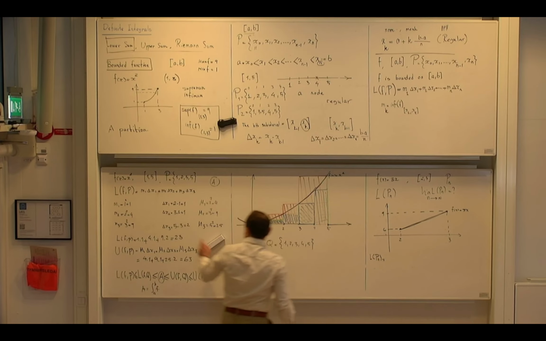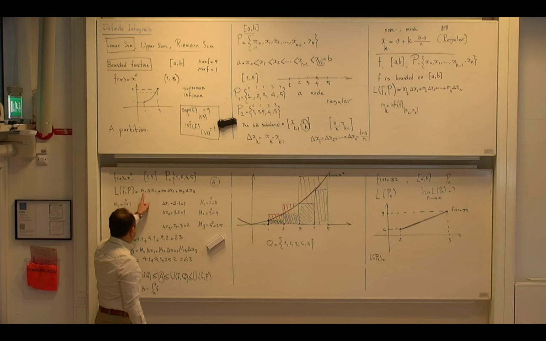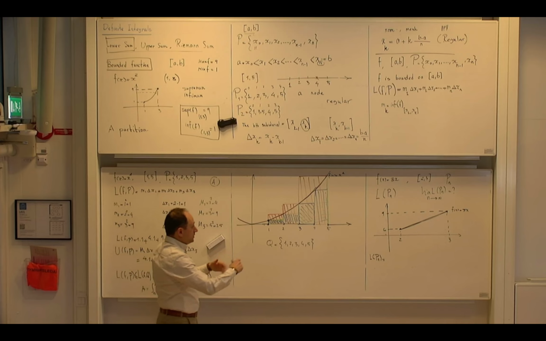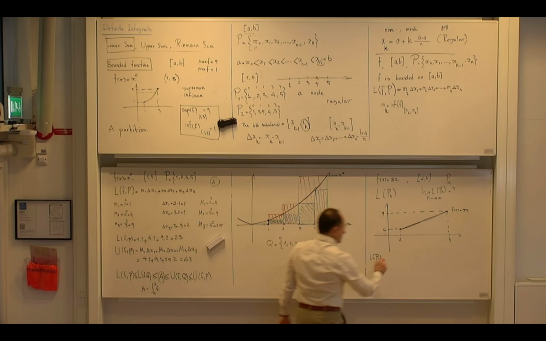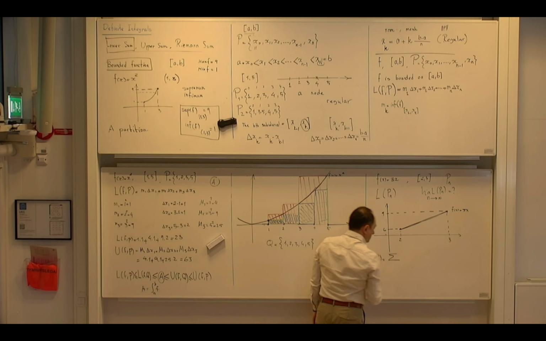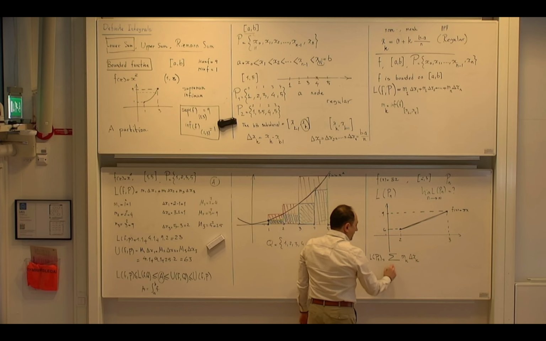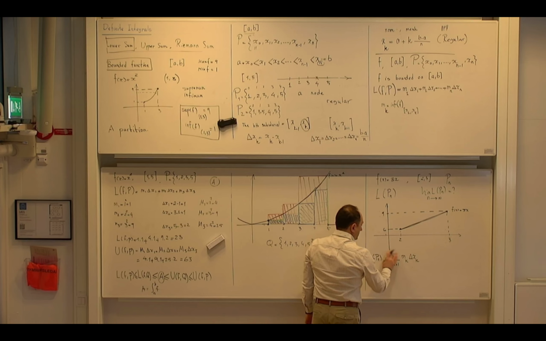It was little m multiplied by the corresponding length. But because I am working with n of them, either I have to write n of them or use the sigma notation. So I would write it as the sum of m sub k multiplied by delta xk, where k runs from 1 to n.